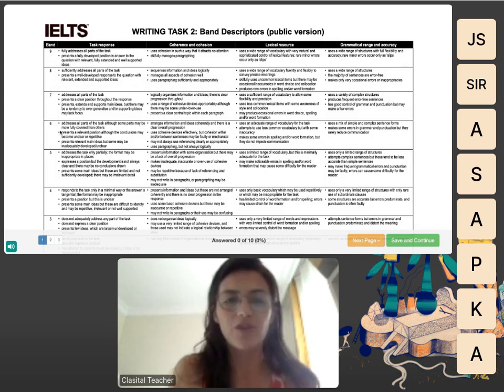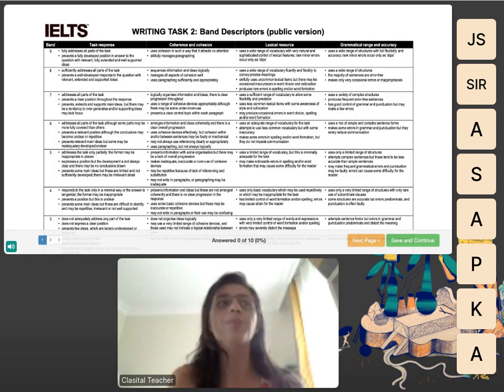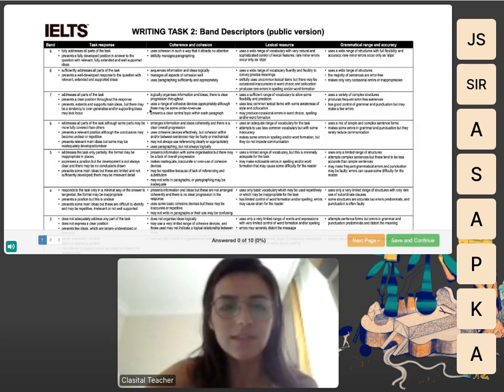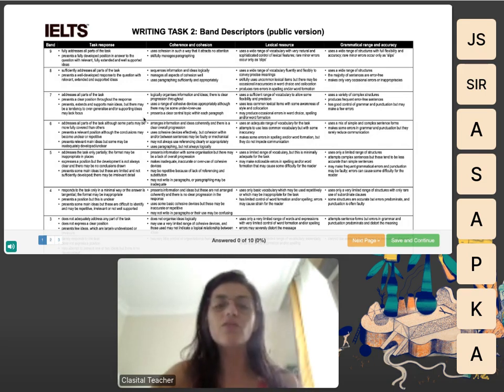So basically, this is for task response. And for coherence and cohesion, your ideas should be logical. You can make some mistakes in terms of writing more or less on a topic, so this says there may be some under or overuses. But you need to overall present a clear central topic, a clear opinion.